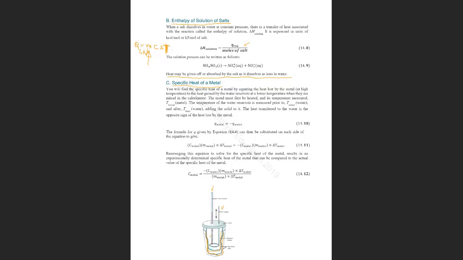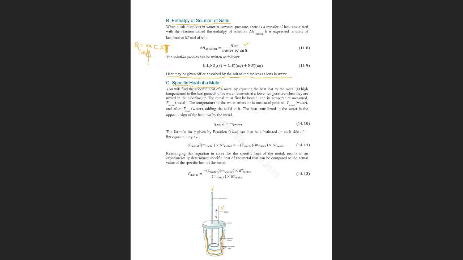We are going to wait until everything stabilizes, and that way we are going to take the final temperature when everything goes to equilibrium. But we know that heat flows from higher temperature to lower temperature. So the metal is going to transfer heat to the water. So the temperature of the water is going to rise, and the temperature of the metal is going to go down.